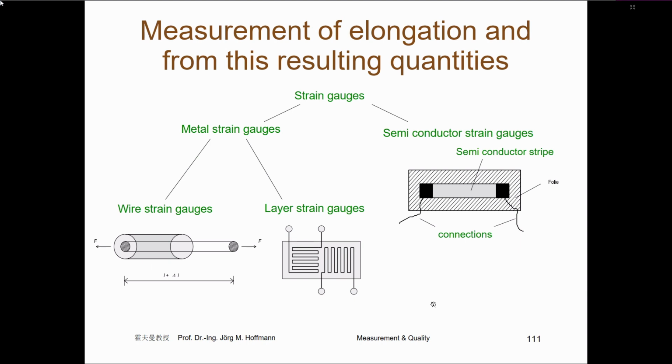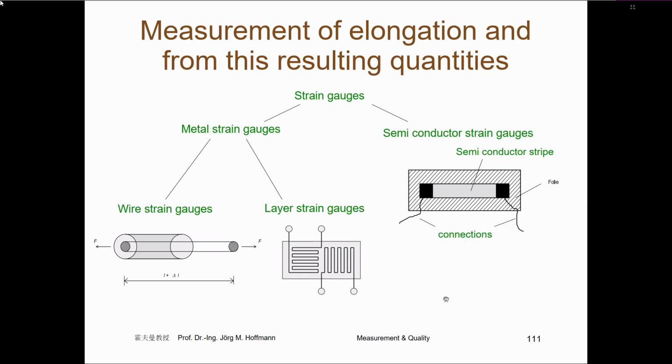You have strain gauges also in many balances where you get a stress which leads to a deformation of a measurement body, and you measure then via the strain, via the stress of the body, the mass which is on the balance.